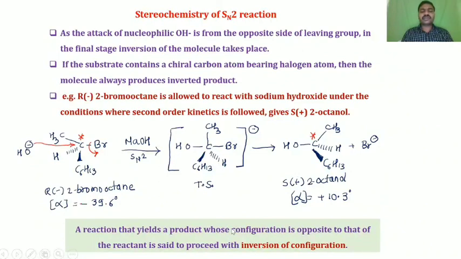A reaction that yields a product whose configuration is opposite to that of the reactant is said to proceed with inversion of configuration. So here reactant and product have opposite configurations, therefore this is known as inversion of configuration.